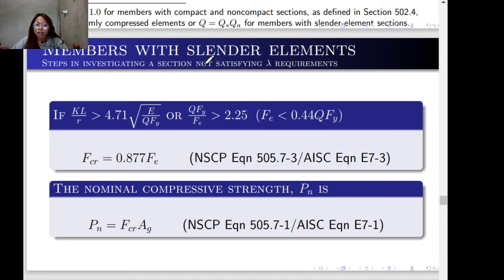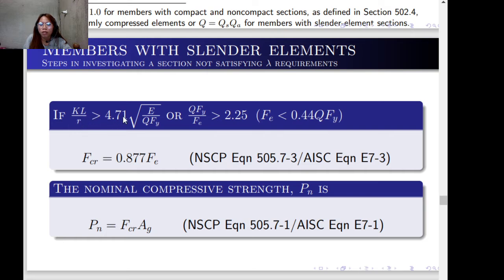Steps in investigating a section not satisfying the lambda requirement. If it is greater than the compact and non-compact width thickness ratio.